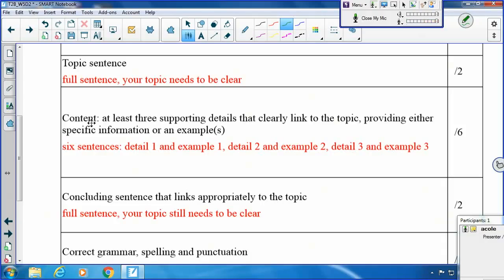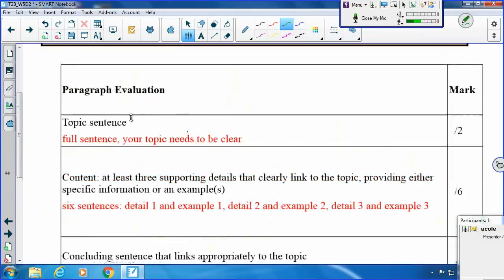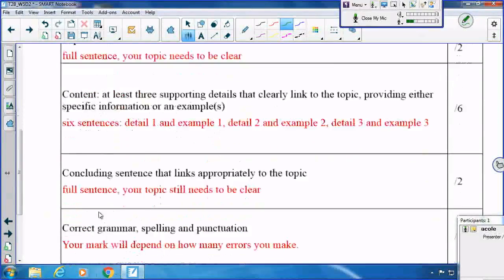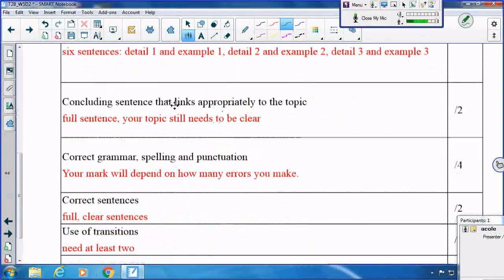I mean, you've changed the topic on me, right? So you have to stick to one topic the whole time, even in your topic and concluding sentences. Right, so that would be an example, right? If you suddenly change the topic at the very end, then you don't have a clear topic anymore, right? Because I'm not sure if you're talking about Christmas or Thanksgiving.